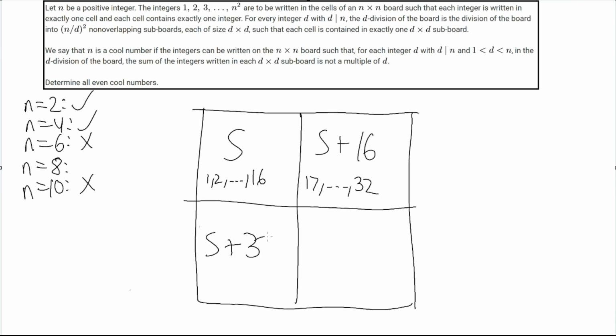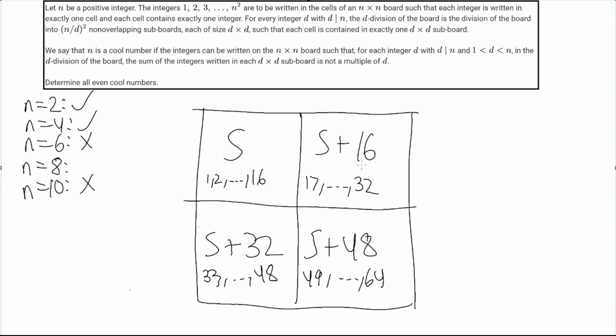Then S plus 32, that's 33 all the way to 48, and then S plus 48, which is 49 all the way to 64. Then for d equals 2, the sum of the numbers in each 2x2 grid in S is odd. And when we add an even number to each number in S, we don't change that property. So now we just need to fulfill the d equals 4 condition.